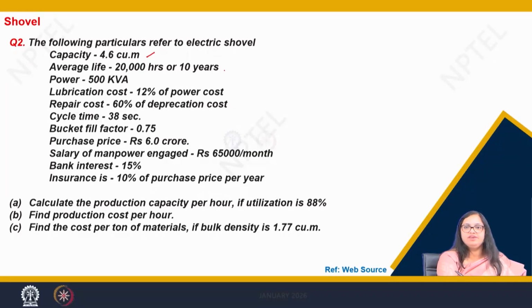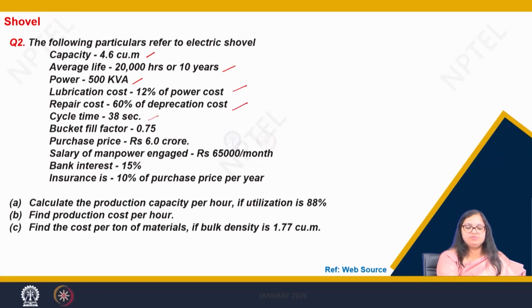Its average life is given as 20,000 hours or 10 years. The power is 500 kVA that is utilized per hour, and then there is a lubrication cost that is 12% of the power cost. The repair cost is 60% of the depreciation cost.